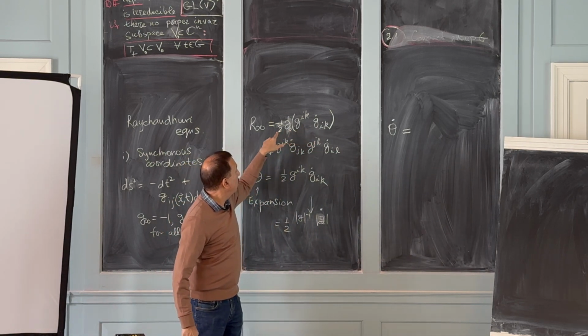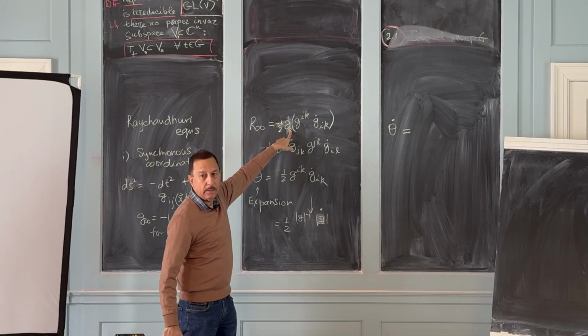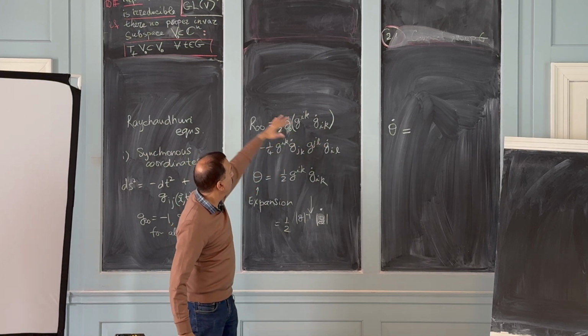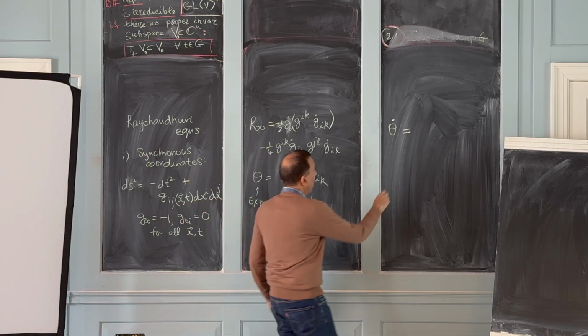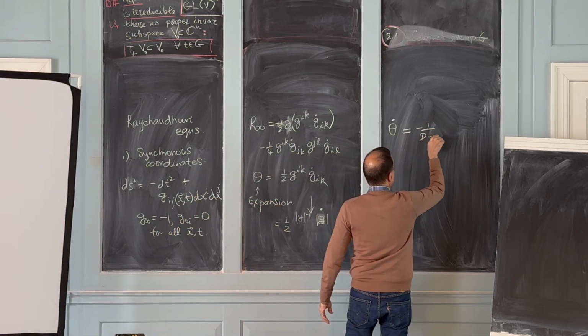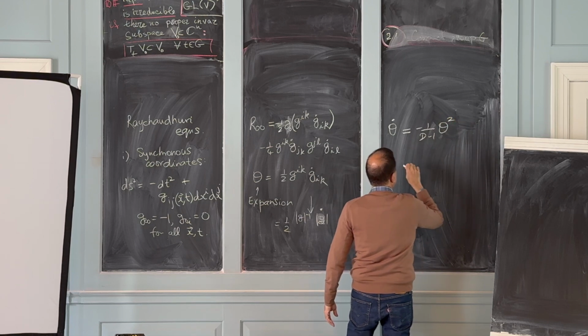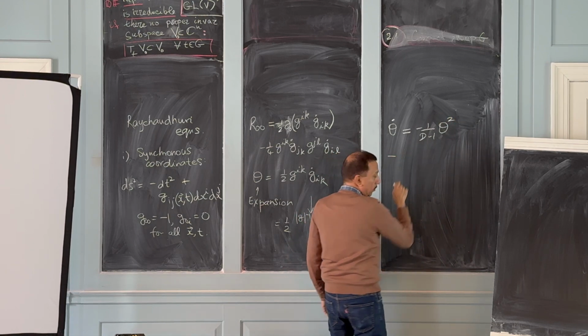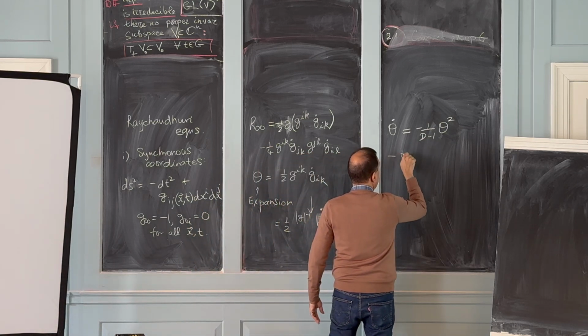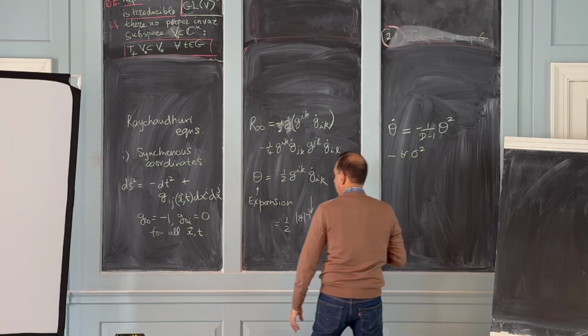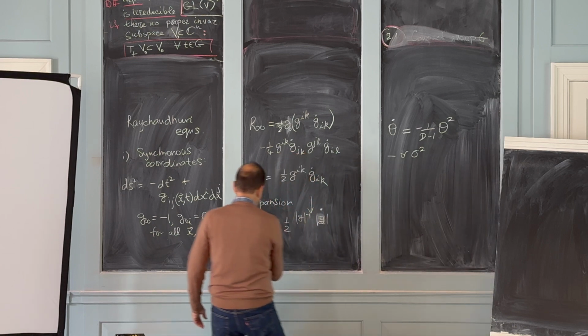This is theta in here with the half, and then there's a minus and a dot, so it's minus theta dot. We bring it to the other side, everything else comes to that side, and we find that this is minus 1 over d minus 1 theta squared minus, where d is the space-time dimension, then minus trace of sigma squared, where sigma is the shear.